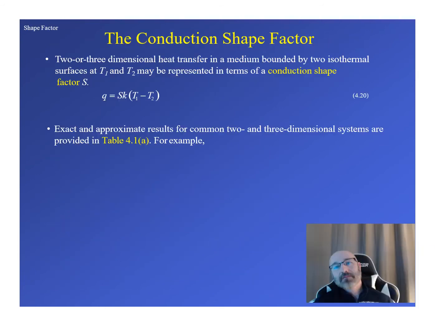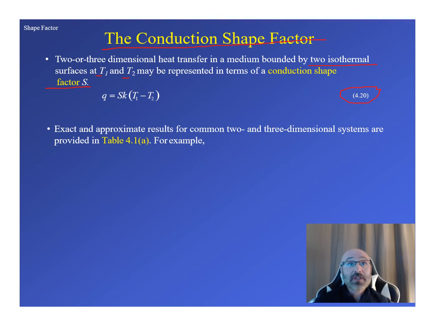So the next topic I want to discuss is our conduction shape factor, our S value. If we're dealing with 2 and even 3-dimensional heat transfer problems, and we're dealing with a medium bounded by 2 isothermal surfaces at temperatures of T1 and T2, this can be represented in terms of this conduction shape factor S. This relates back to a governing equation that we see in chapter 4 of our textbook, equation 4.20.